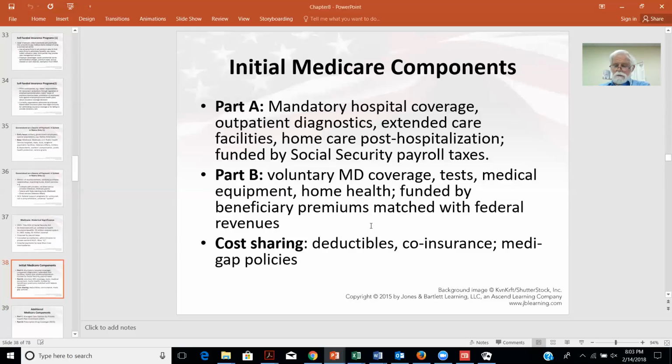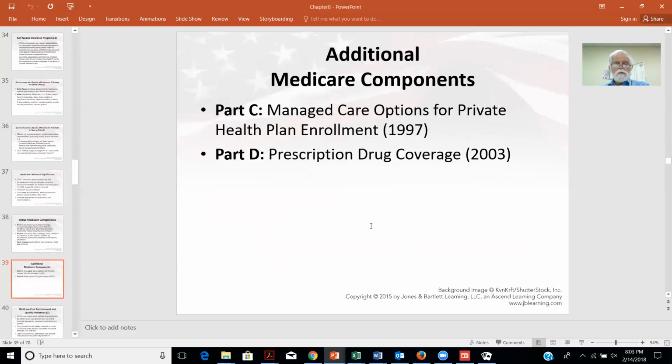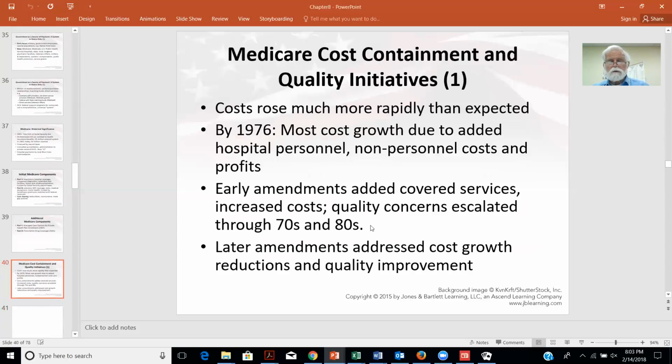It basically pays 80%. You get to be responsible for the other 20. So what it has done is actually created an opportunity to acquire a plan to take care of most of the remaining costs. Part D, the prescription drug coverage, wasn't added until 2003.